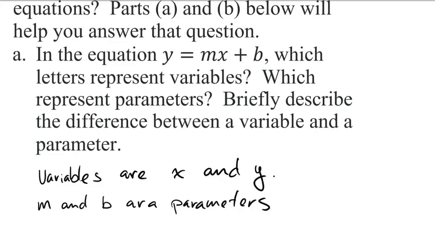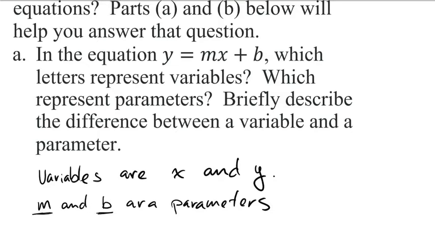And the parameters allow me to choose a particular line. So when I select m and b, I'm selecting the slope of the line and I'm selecting the y-intercept of the line. And with the exception of a vertical line, right, a line that goes straight up and down, I can pick any line on the Cartesian coordinate plane by just selecting different values of m and b.